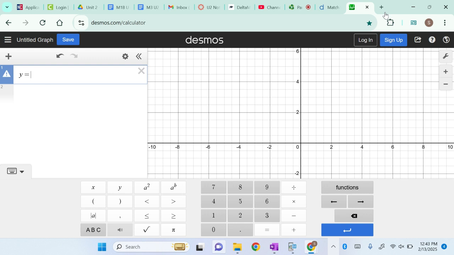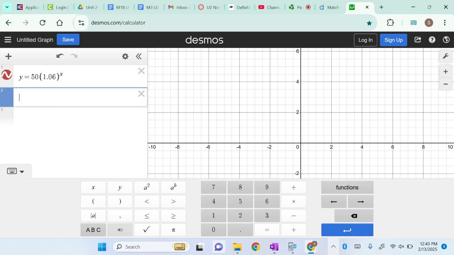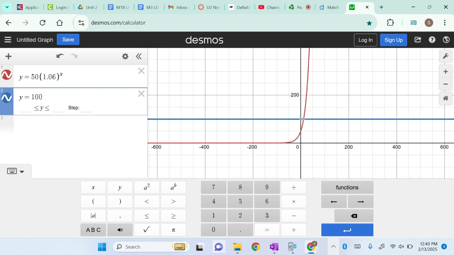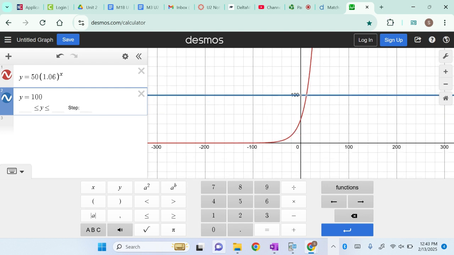So y equals 50 times 1.06, all raised to the x power. And then y equals 100 in a separate box. And you may have to zoom out a bit. I'm just going to keep zooming out until I see both graphs.